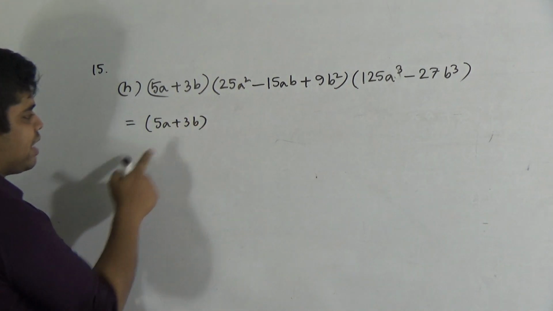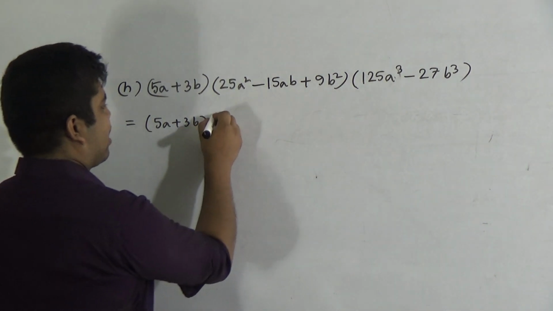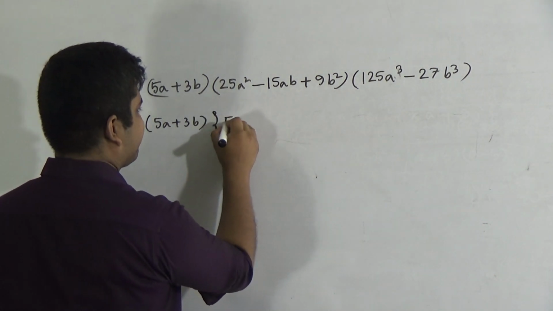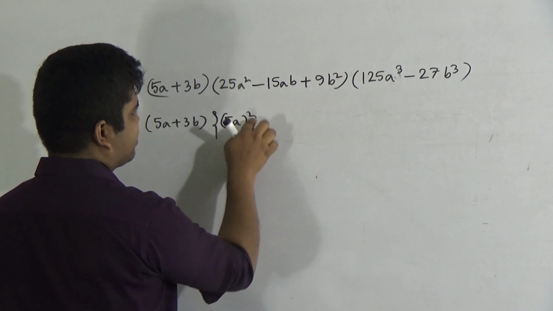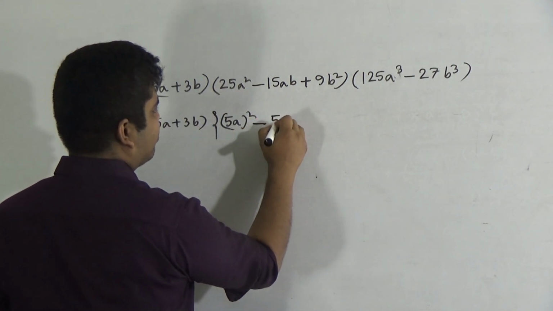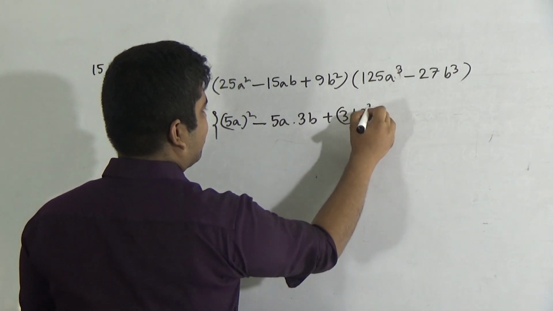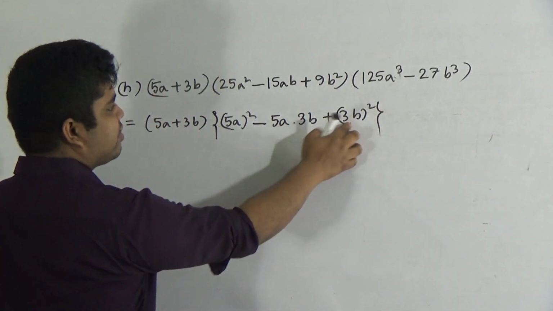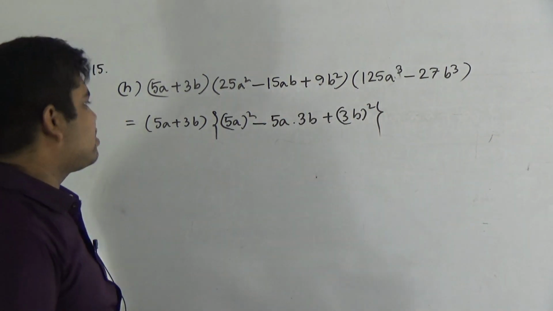Here 5a means a and 3b means b. So a plus b, and a square, that means 5a whole square. Okay, 5 fives are 25, a square means a square. Okay, so 5a into 3b plus 3b whole square. Dear student, notice 3 square means 9, b square means b square.